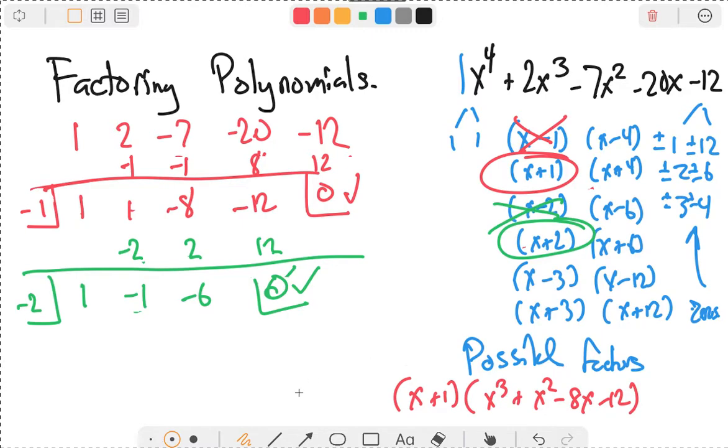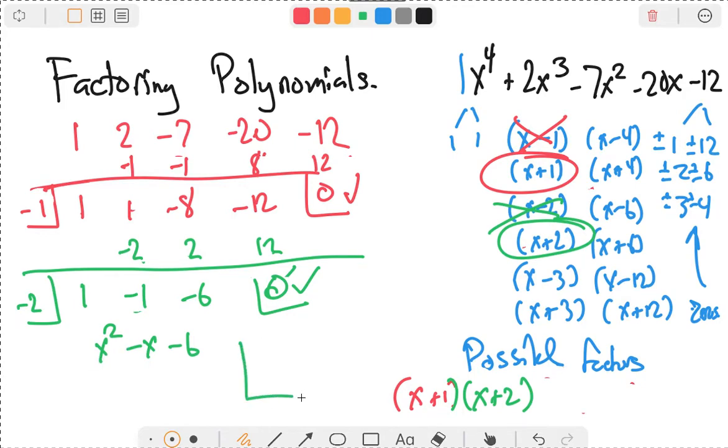So now I've limited this down to x plus 1, x plus 2. And now at this point, I could keep working and try to find factors for there, or I could say, hey, wait, I got x squared minus x minus 6. That's a quadratic. I can plug this into the quadratic formula, or I can try to factor it. X squared is going to be giving me x and x.